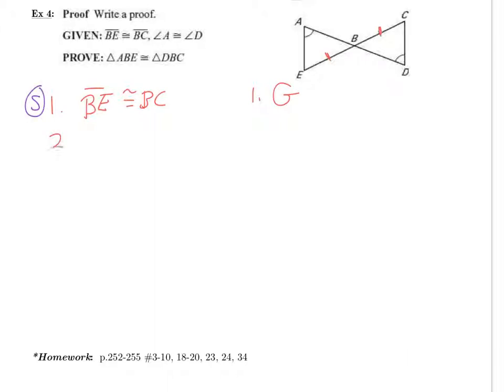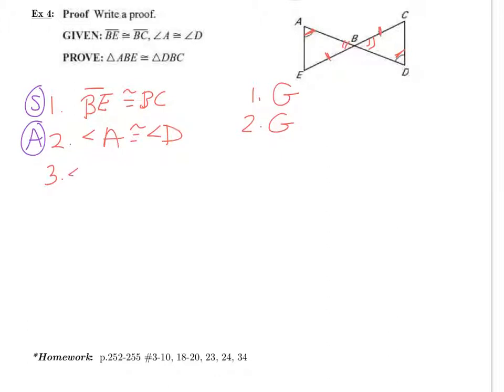Number 2, we're going to say angle A is congruent to angle D, and that is also a given. And that is obviously an angle. So we're going to put an A there. And number 3, we need one more thing, either a side or an angle. And I don't have any reflexive because there's no overlapping, but I do have vertical angles.